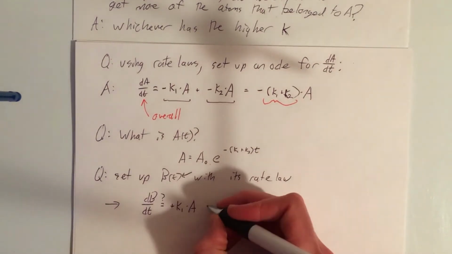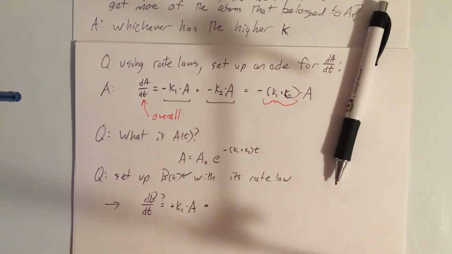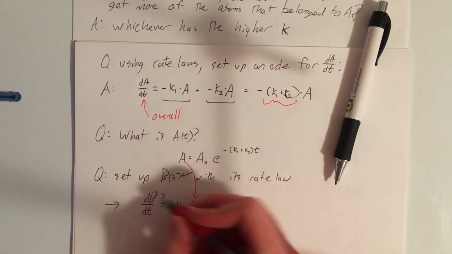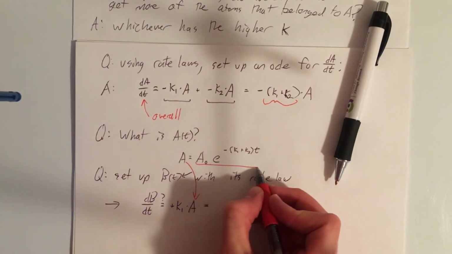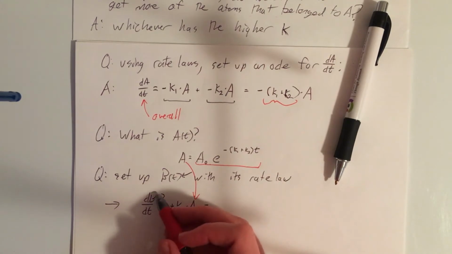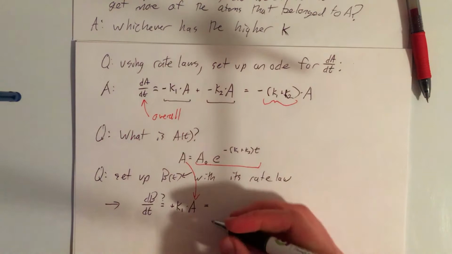We do, and we got it right here. We have this A of T. So instead of having two dependent variables, we can plug in this expression for A. Then all we have is things in terms of B's and T's, and that will give us what we need to solve this ODE.